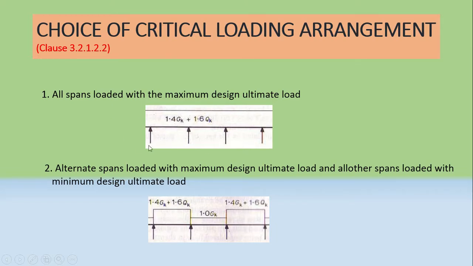So when we calculate according to fixity, those things may vary. Therefore we have to consider all the load combinations; otherwise you can't get the actual behavior of the beam. If you are going to design a beam, you have to consider this load combination and also these two load combinations in alternate spans.